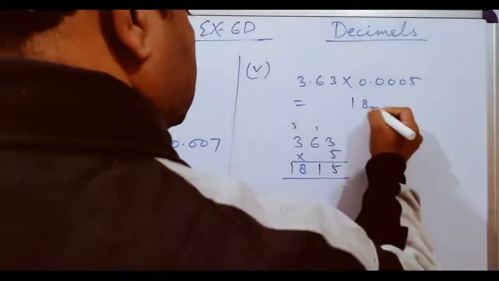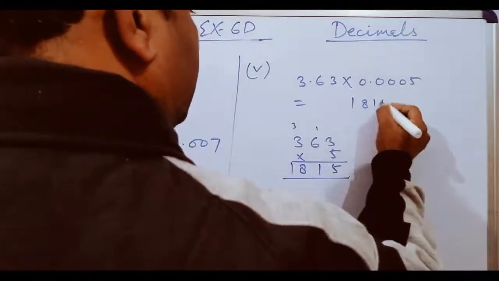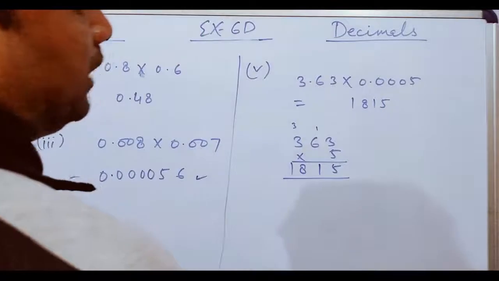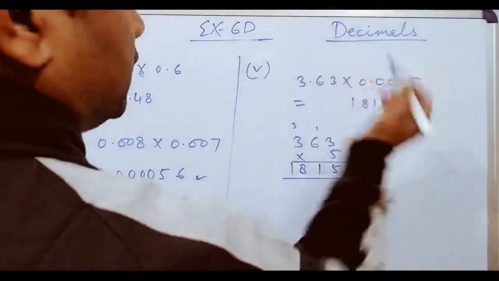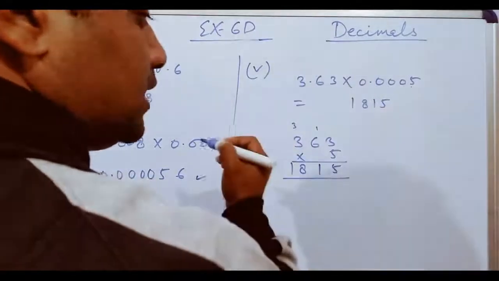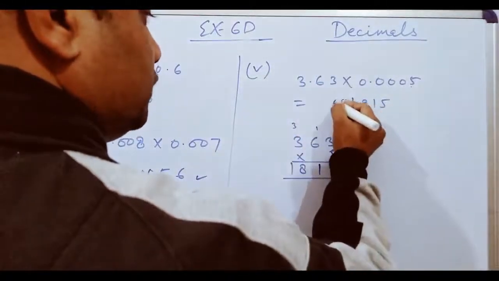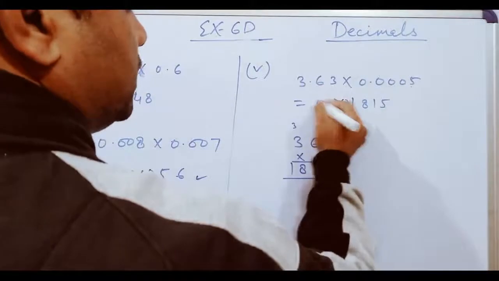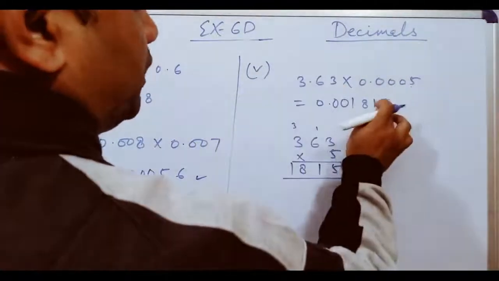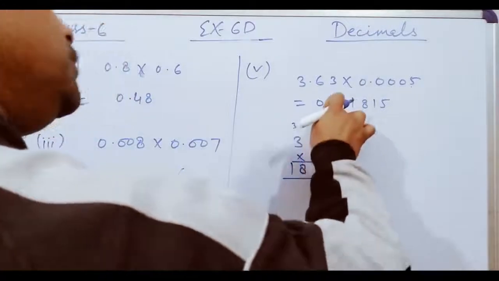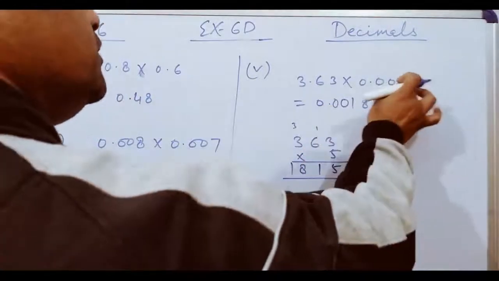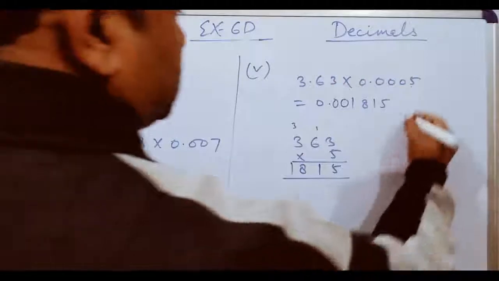Here the product is 1815. After how many digits do we have to put the decimal? See, 1, 2, 3, 4, 5, 6. Here 4 digits are there, and 2 zeros will be added. Here we will put the decimal. After 6 digits we will put the decimal on the left side. See, 1, 2, 3, 4, 5, 6. Okay, dear students, this is the answer.